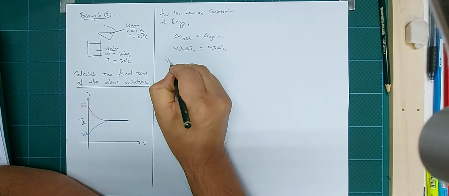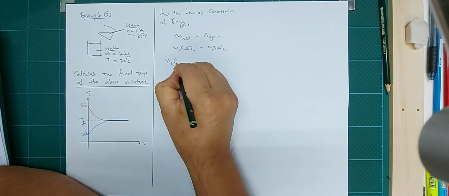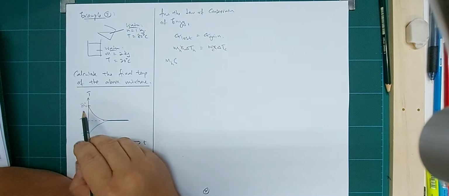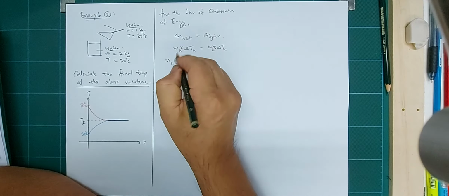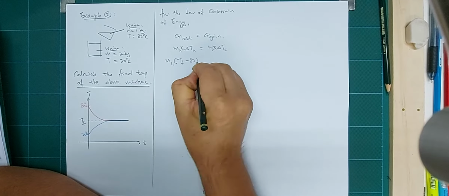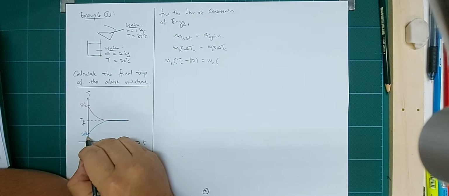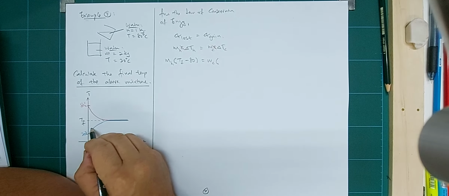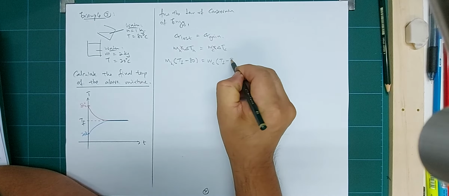This is the mass of the hot water, which is 1 kilogram, and the change in temperature is, we know that hot water goes down from 80 to the final temperature, so it will be TF minus 80. The cold water starts from 30 and rises to TF, so it is TF minus 30.